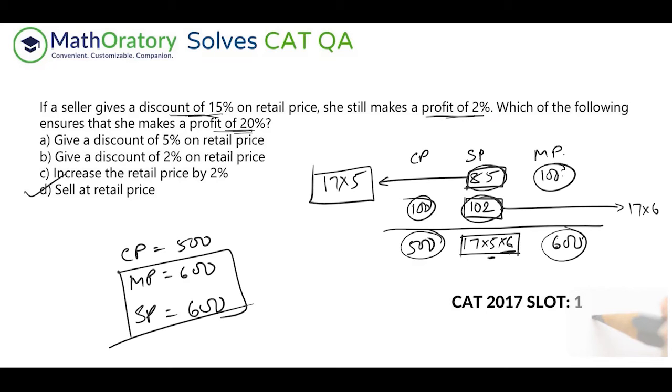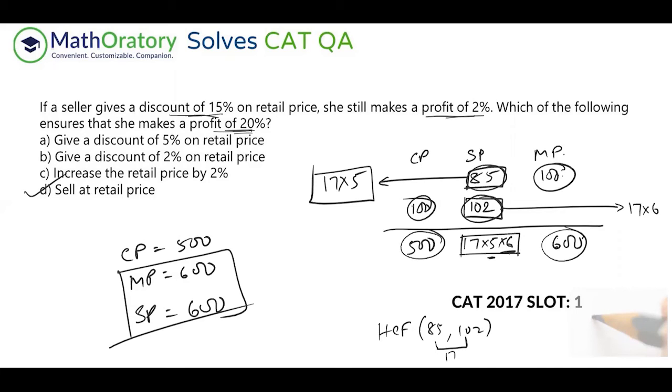You just have to work with these ratios and find the HCF and LCM quickly. What I effectively did with 17 into 5 and 17 into 6 is find the HCF of 85 and 102 very quickly. Typically, I'll always take the difference of these two numbers, which is 17 in this case.